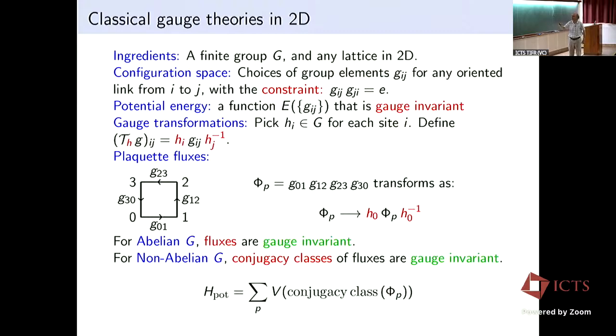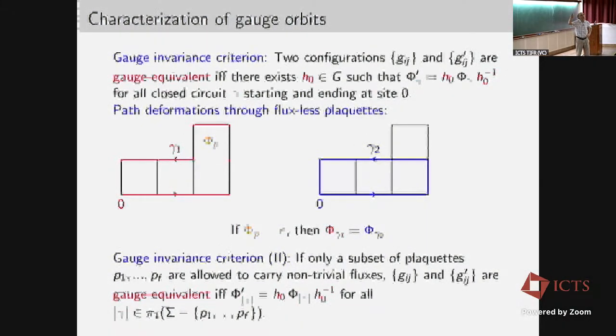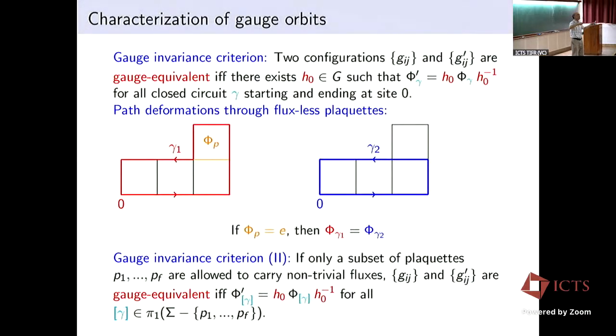And one thing that will play a very important role in understanding the structure of the Hilbert space is the so-called gauge orbits, because the essence of gauge theory is that you have a redundancy in your description. So all configurations which are linked by gauge transformation should be some kind of similar quantum state.